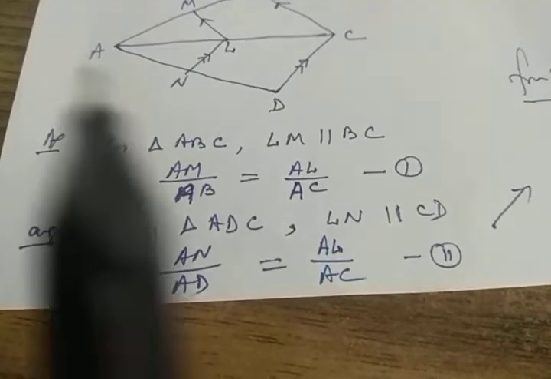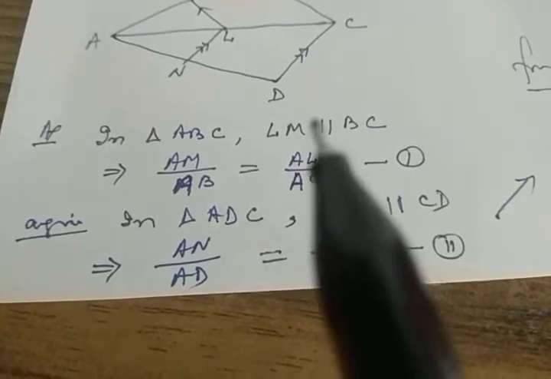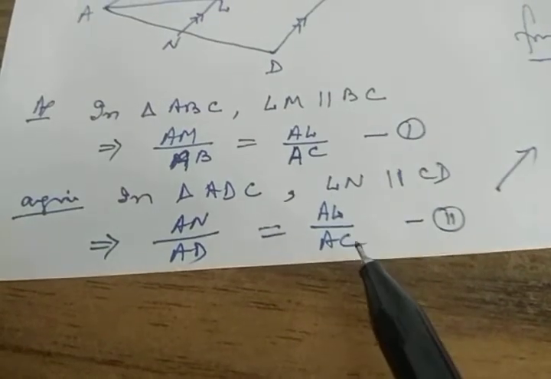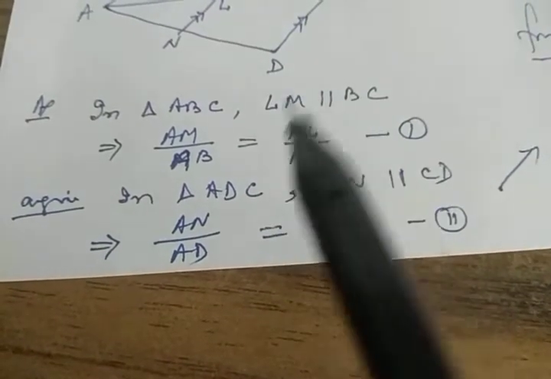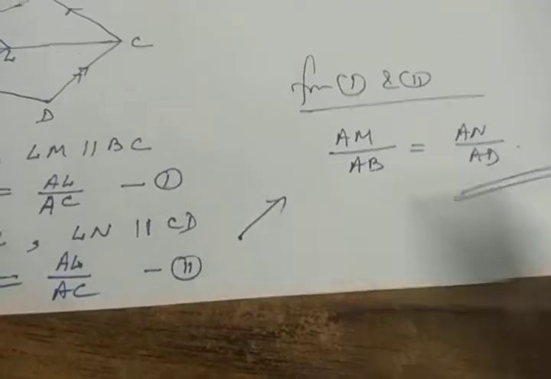AN by AD. Clear? AN small and the bigger one AD. So on this side also a small AL and bigger AC. So AN by AD is equal to AL by AC. Now AL by AC, AL by AC, right sides are equal, so left sides should be equal. So from 1 and 2 we get the result. Okay, now come for the next one.